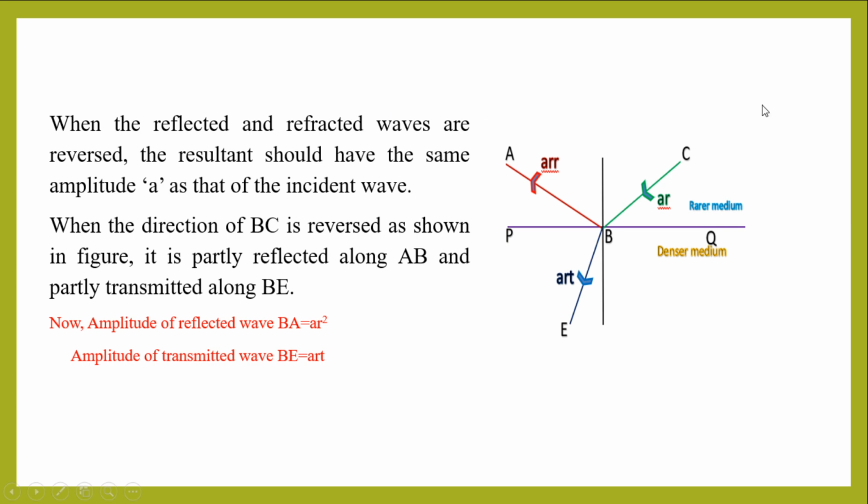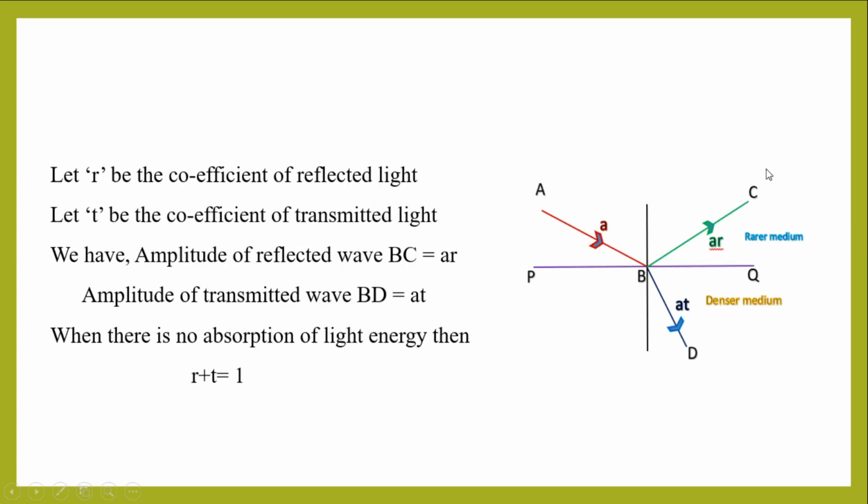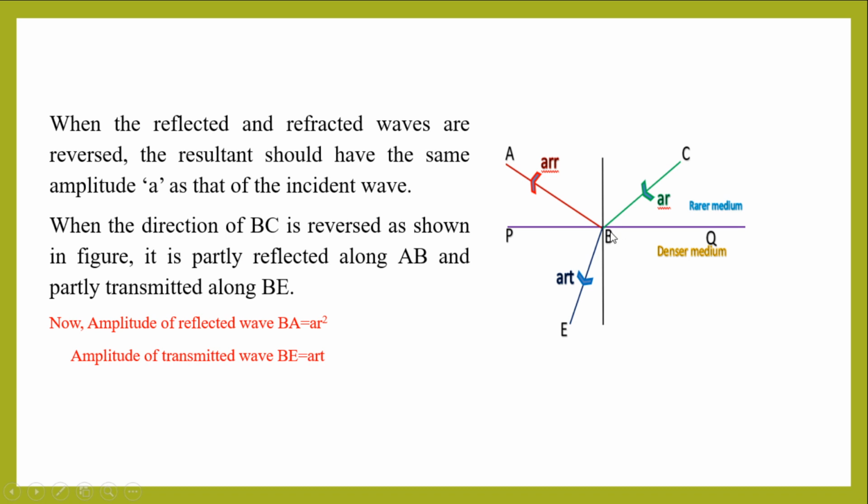When the direction of BC is reversed, in this diagram, let us reverse the direction of BC. When it is reversed, part of light will reflect and part of light will transmit. When light is traveling from rarer to denser medium, R and T are the coefficients of reflected and transmitted light.